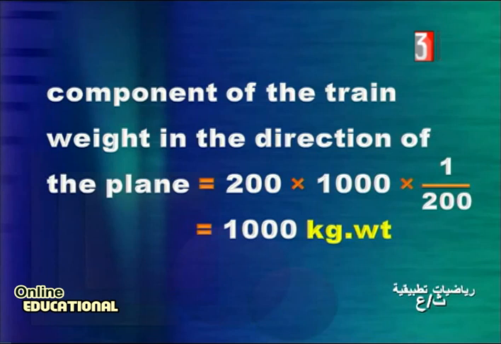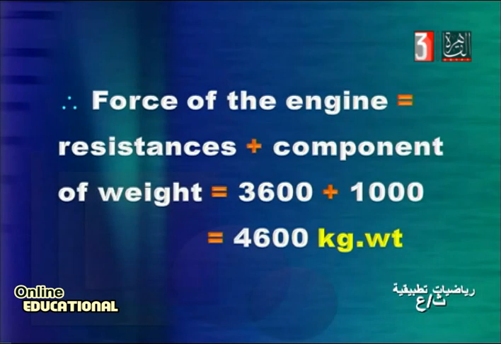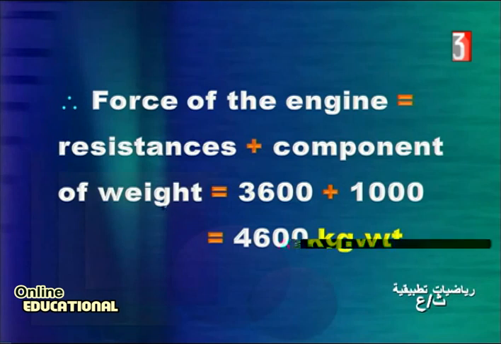And we have resistance R equals 3,600. Then the train ascends with a uniform velocity, and the force of the engine equals resistance plus the component of the weight. Resistance equals 3,600 kilogram weight plus the component of the train weight equals 1,000. Then the force of the engine equals 4,600 kilogram weight.